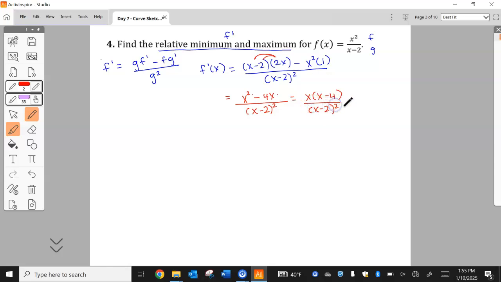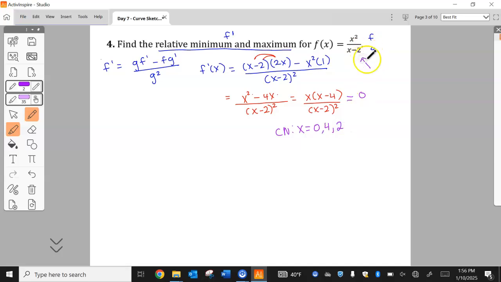So this one's a little different than the last one we did. When we're finding our critical numbers, that's what makes the derivative equal to 0 or undefined. So this time I have x's on top. So my critical numbers, I would get 0 here and 4 here. Those are the two x values that make the derivative equal to 0. But then I'm also undefined at x equals 2.